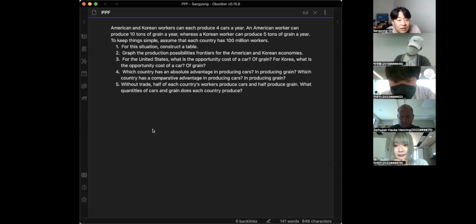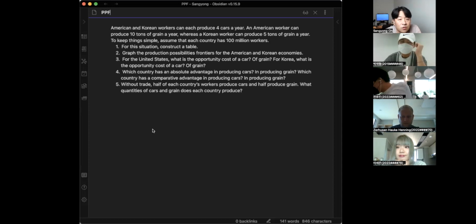But there is a way to make both countries have gains from trade using the concept of comparative advantage. Comparative advantage can be determined by looking at opportunity cost. During the lecture, I didn't explicitly show the opportunity cost of each good, but you can guess it.